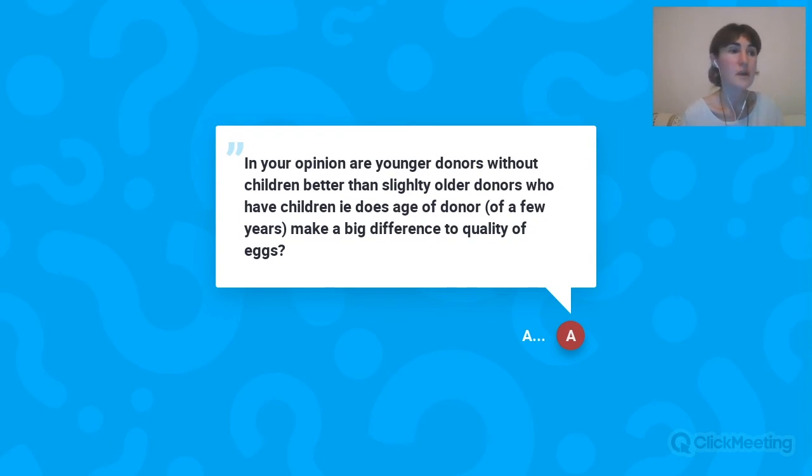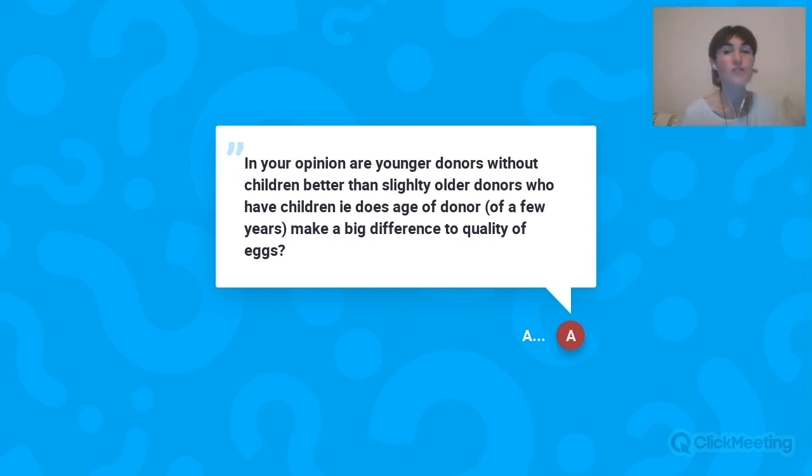If we're speaking maybe about 30 and 26, then I think the 26-year-old donor would be better, at least in terms of euploidy and so on. But that said, some women at the age of 26 might have very low ovarian reserve, whereas others at 30 might have a super high ovarian reserve, and maybe they have better quality.